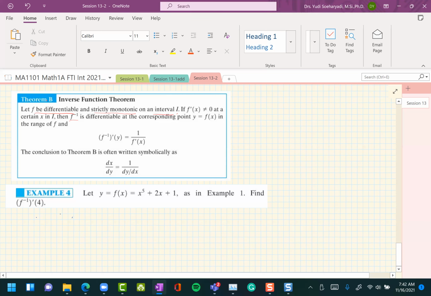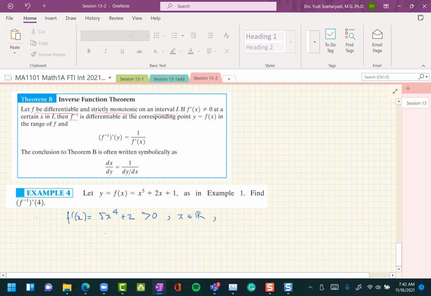Let's find this one. F prime is 5x to the 4th plus 2. This is always positive for x real numbers.